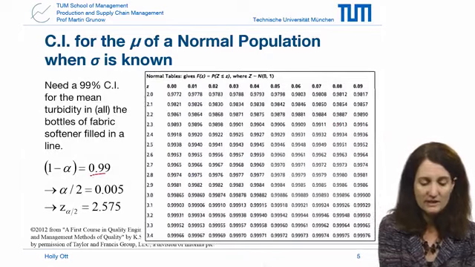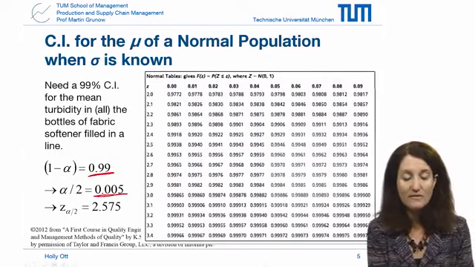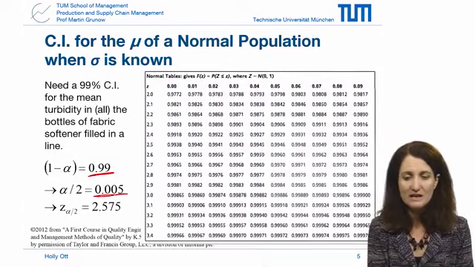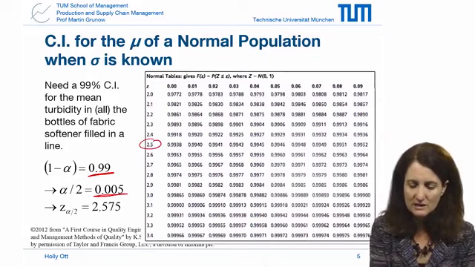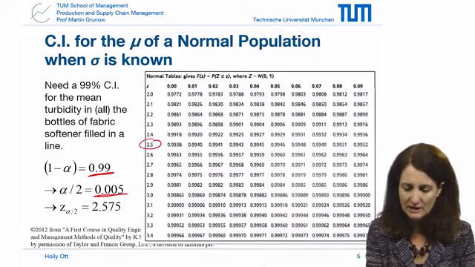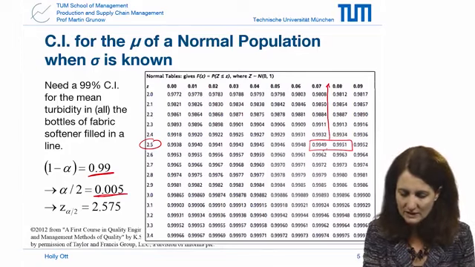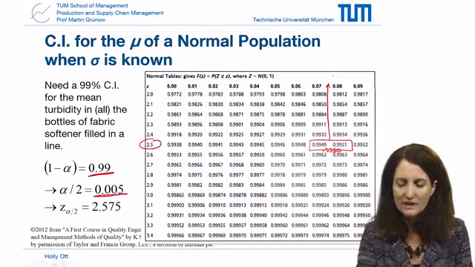We started with this 99%, and we looked in our table, and we said that means we need 0.5%, or 0.005, on either side of our z distribution. That would give us 0.9950 on the positive side and 0.005 on the negative side.